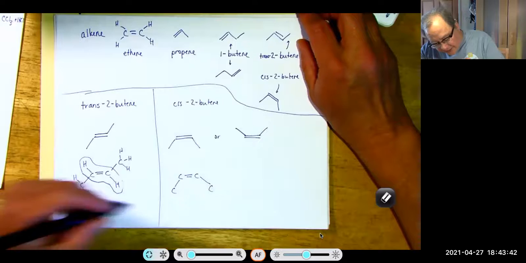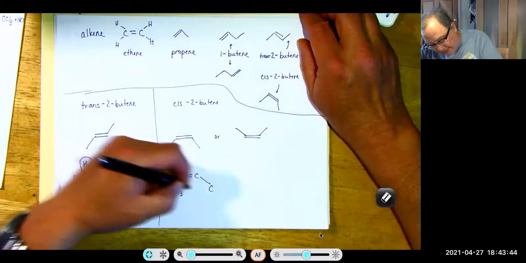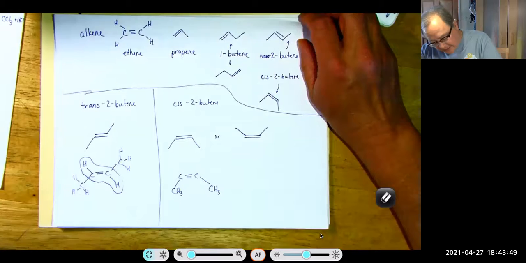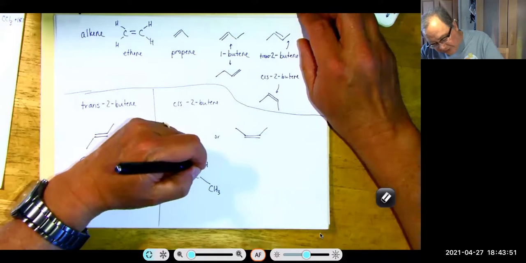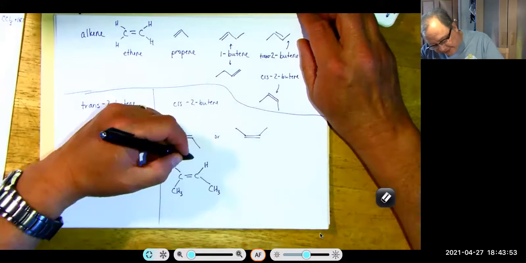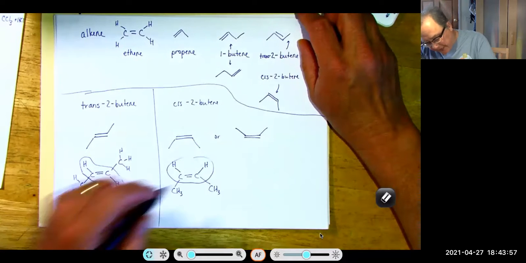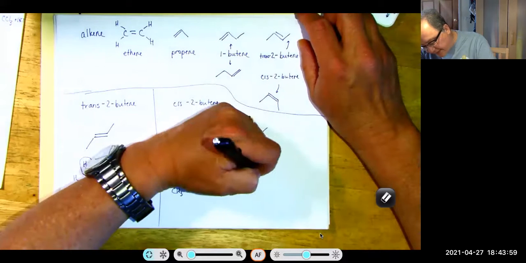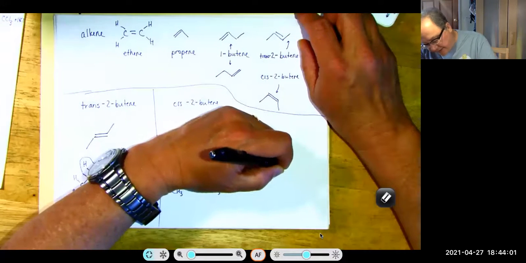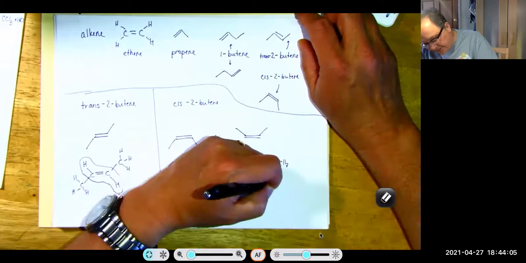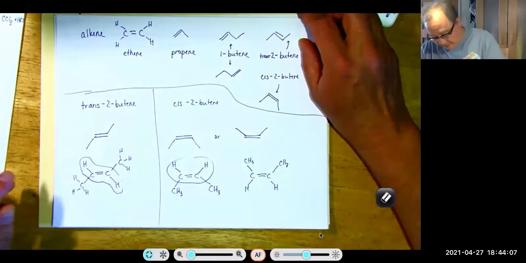Now here, instead of writing the hydrogens out, I'm going to put H3 and H3 here instead of drawing them out this way. And I'm going to put the hydrogens like this, and this is a cis. Now, this one looks almost exactly the same, except the hydrogens are down compared to up.